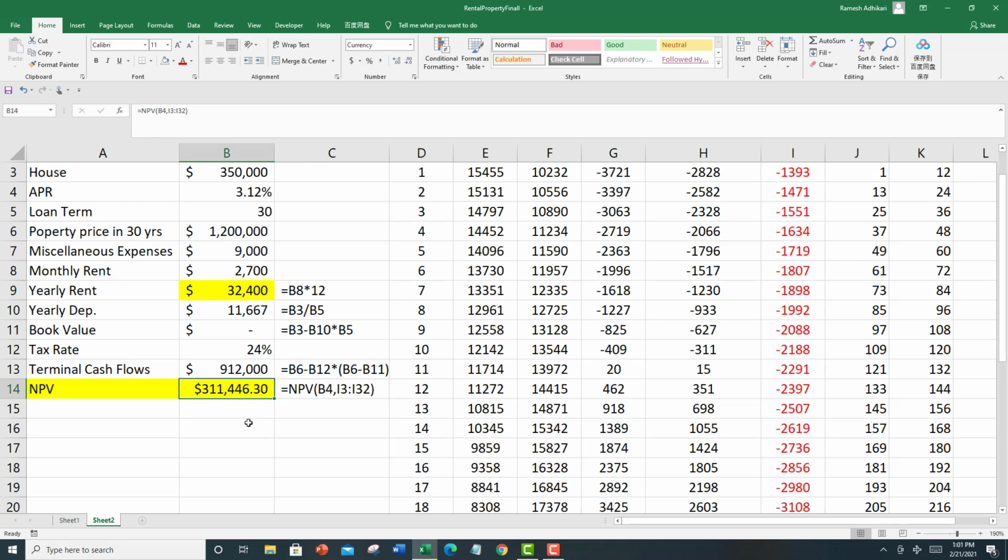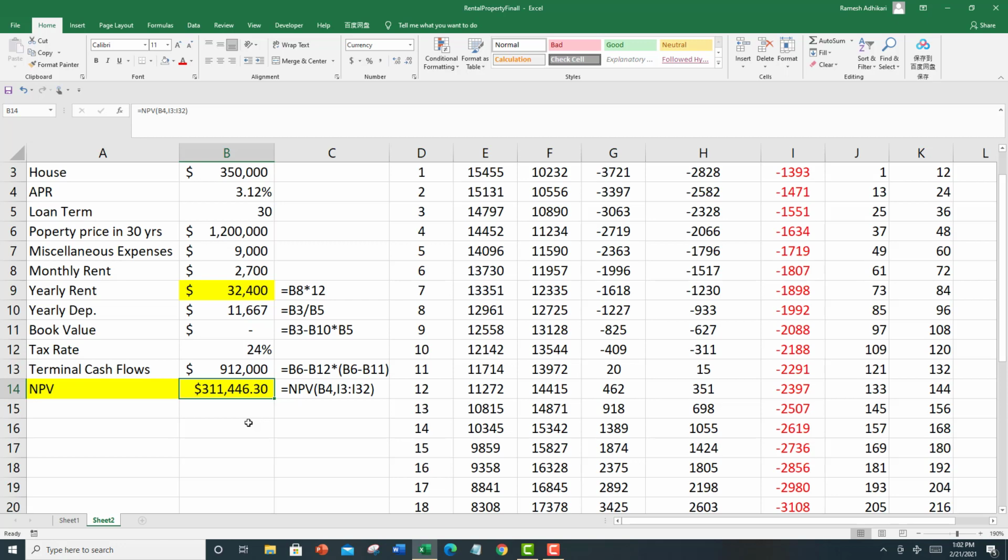That means if you undertake this investment and everything goes as you planned, your rent, your annual expenses, and the selling price of this house in 30, everything goes as planned, then you are going to make $311,446 in today's term. Okay, so this is the overall money that you can make by investing on this project.